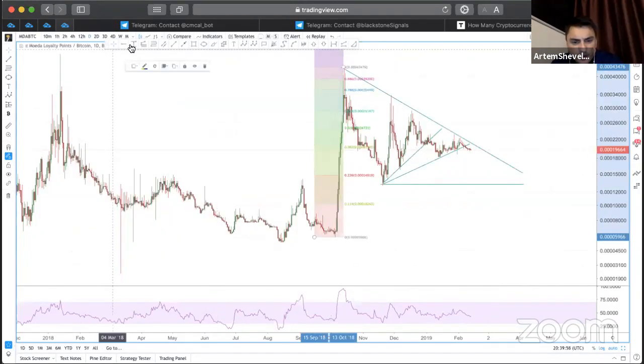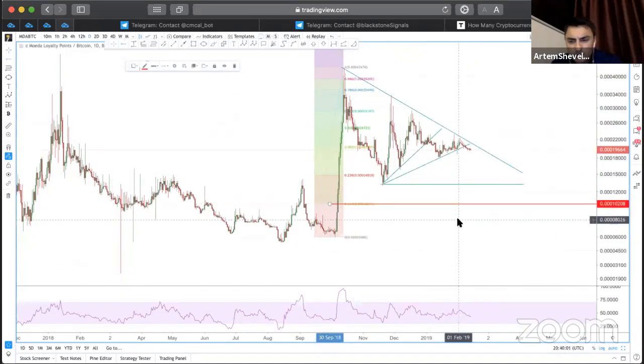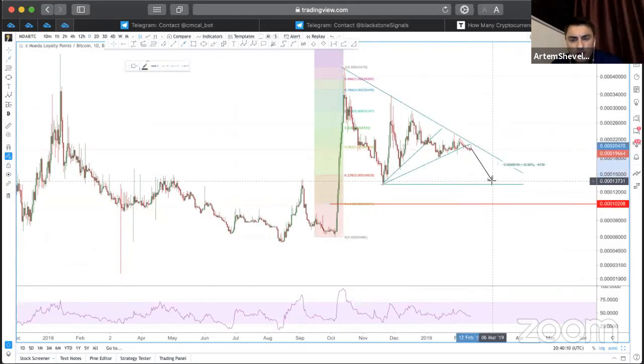You can see this level of 0.1, it's like the 10,000 area, which is probably demand for MDA, and we're going to have a breakdown here, a rebound, and go down again.